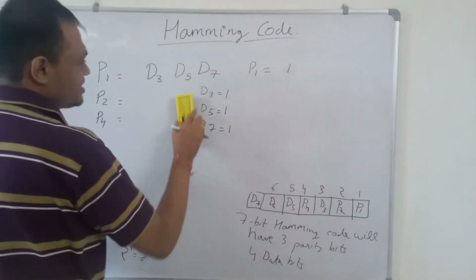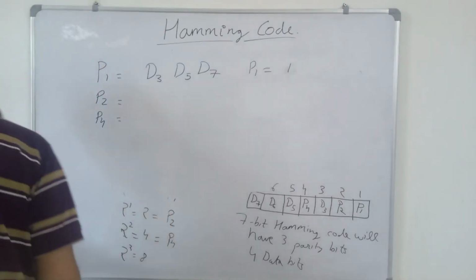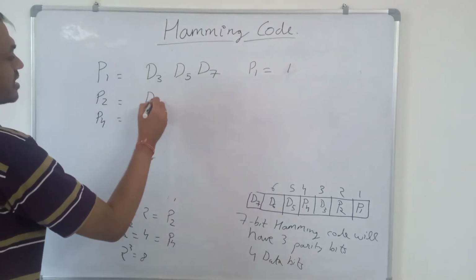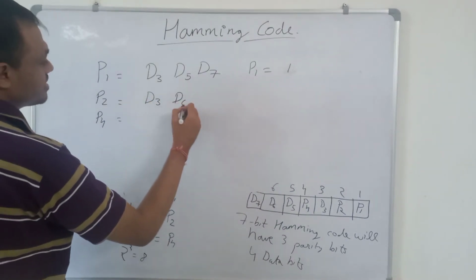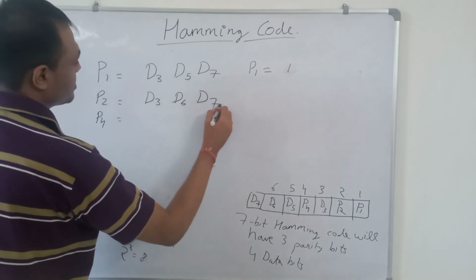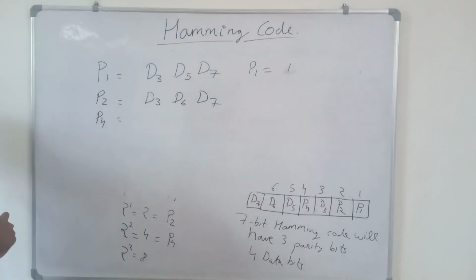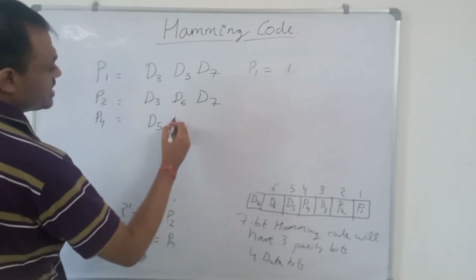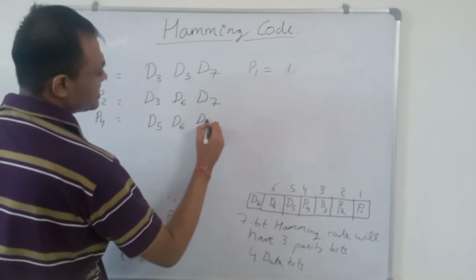P2 is dependent on D3, D6 and D7. And P4 is dependent on D5, D6 and D7.